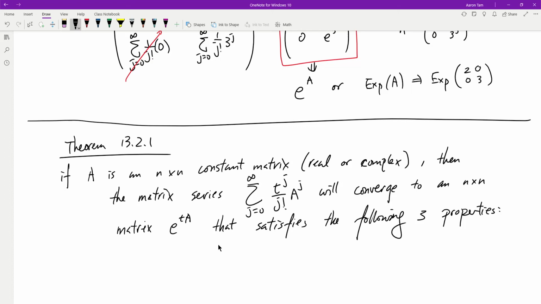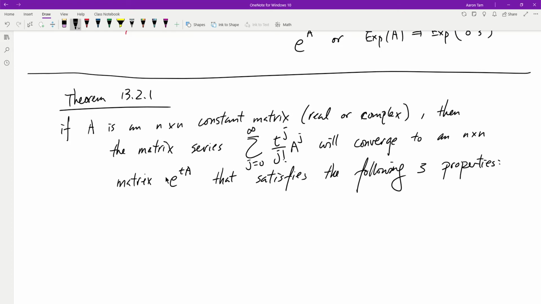So this first thing says that if you have a square matrix, it will always converge when you form this summation. And whatever this summation adds up to, we're going to give that a name and call it e to the tA, which is the matrix exponential.